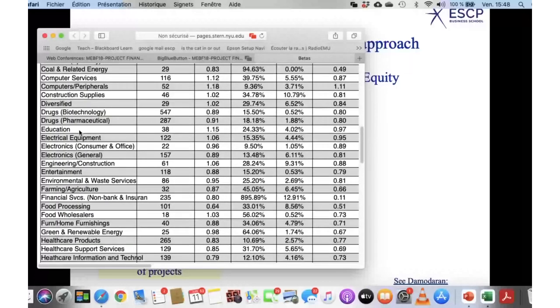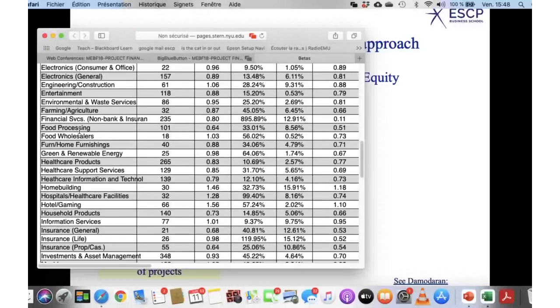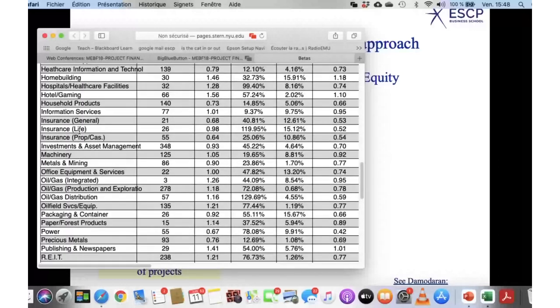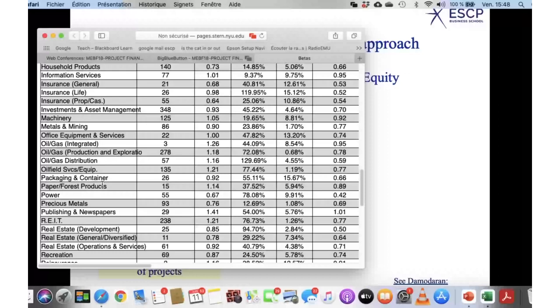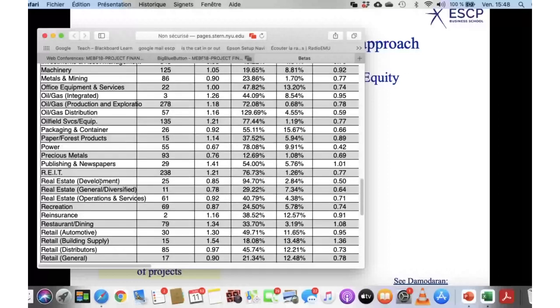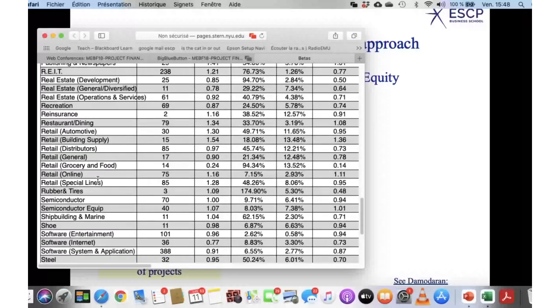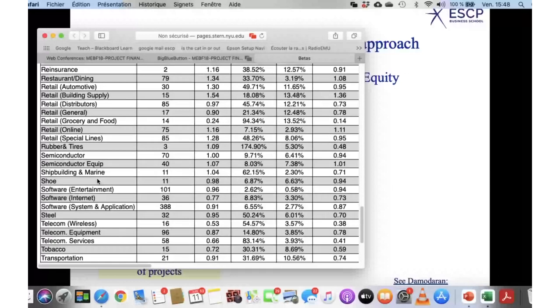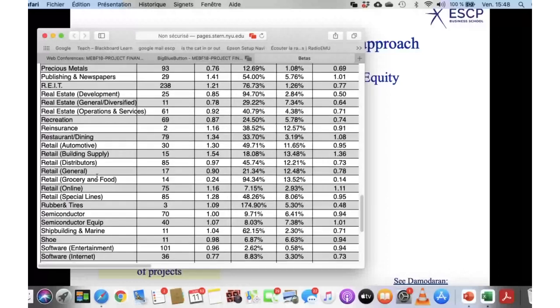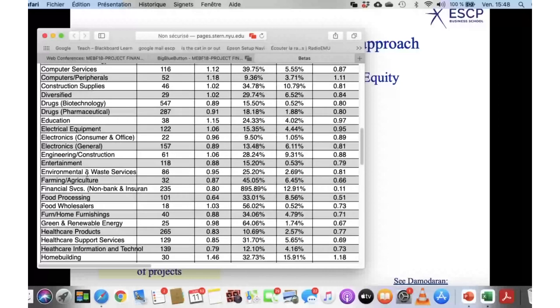Give me a minute. Here. So I've lost my example. So it's green. Where is it? Here it is. Okay.